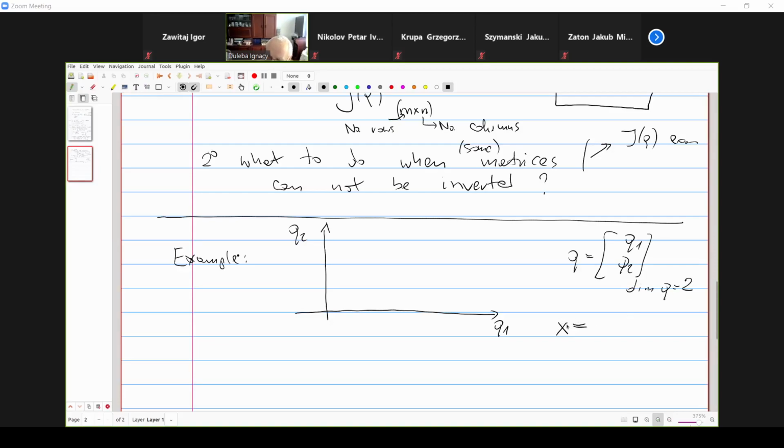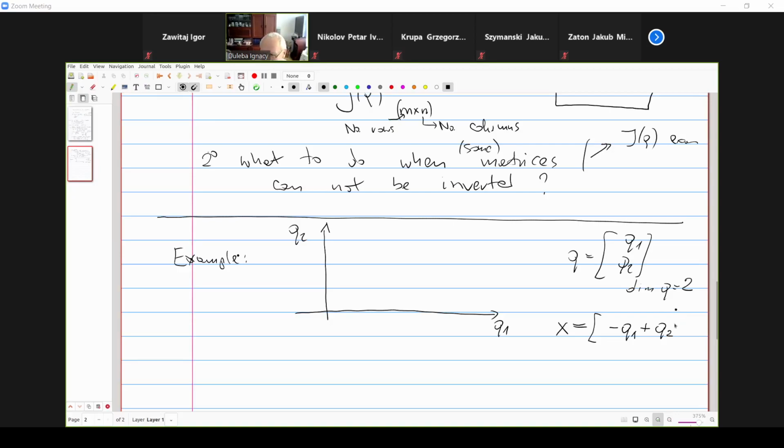And we have a single component in forward kinematics. Let's call it, let's say, minus Q1 plus Q2, maybe like this.